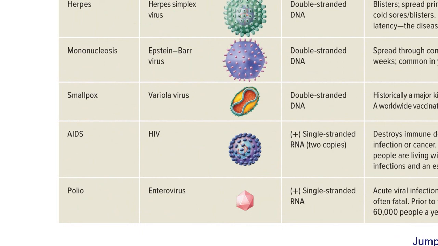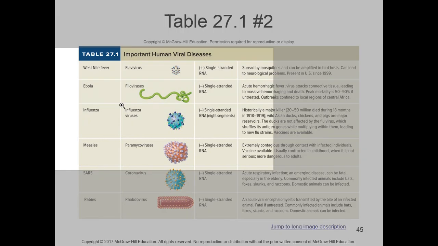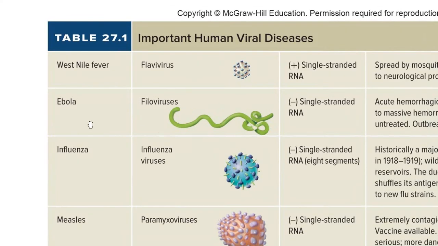AIDS is caused by HIV, a positive single-stranded RNA virus, and polio is caused by an RNA enterovirus. West Nile virus is caused by a flavivirus.